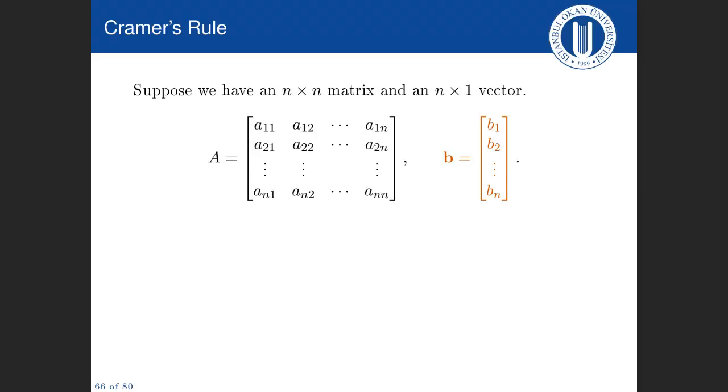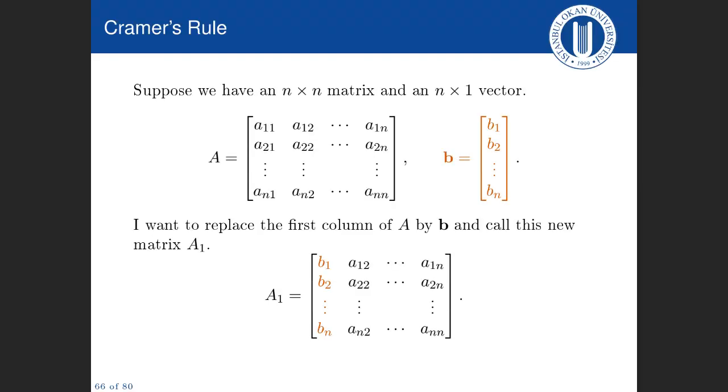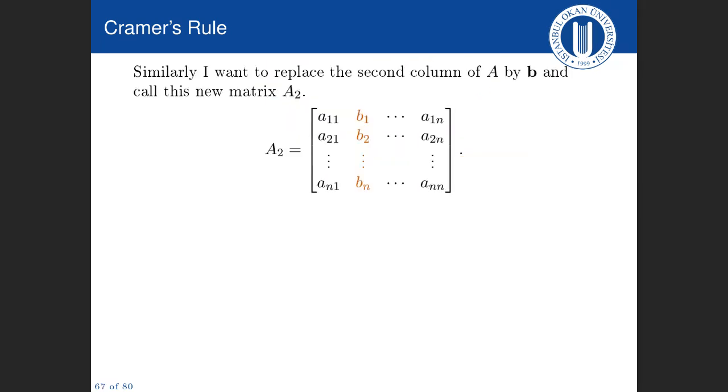First, some notation. Let's suppose we have an n by n matrix and an n by 1 vector. What I want to do is replace the first column of A by B, and then I'm going to call this new matrix A1. So take the first column of A and delete it, and then we're going to replace it with B. Or let's suppose instead of the first column, I want to use the second column.